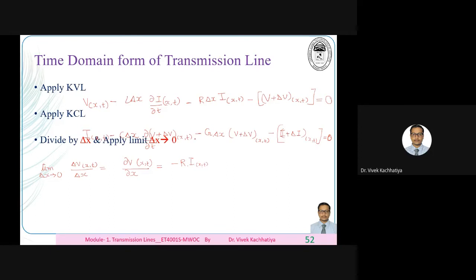Correct. Again, from this L delta x, I am dividing by delta x, so only L will come. Now I will write minus L into del I by del t of x comma t. Right?